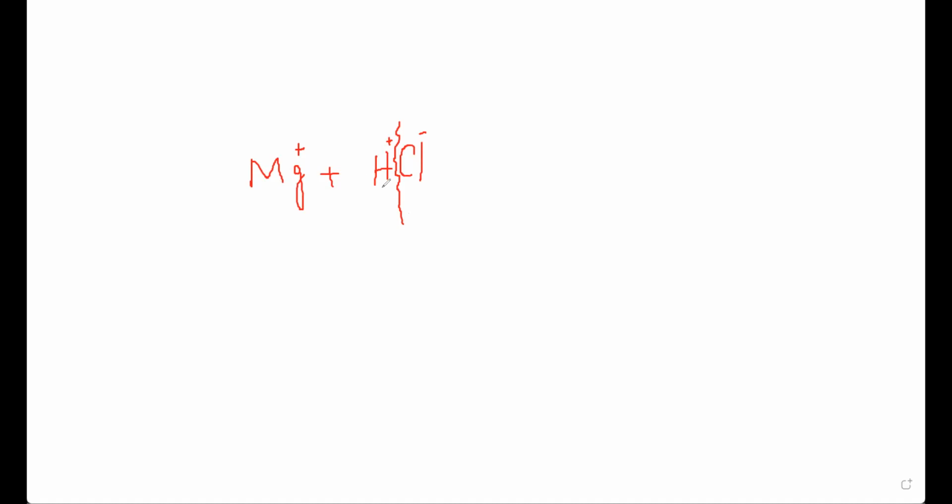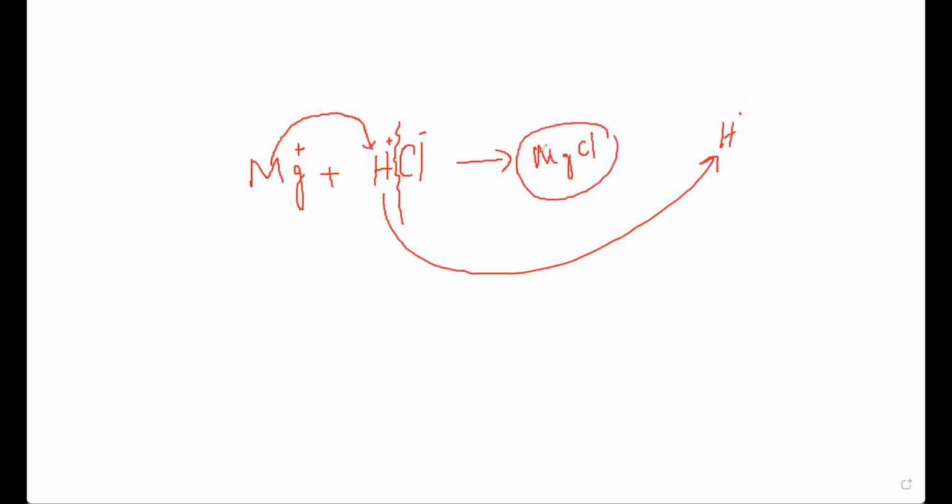So here, this hydrogen is weak and magnesium is strong. So it will come and kick this hydrogen from here, and this hydrogen runs away as H positive or gas like this. And here, this magnesium takes the place of hydrogen, and MgCl2 comes here.